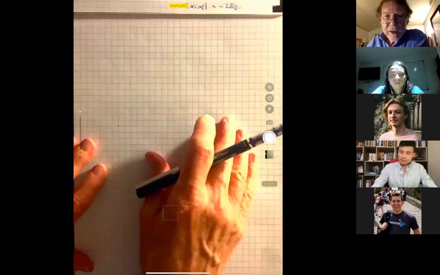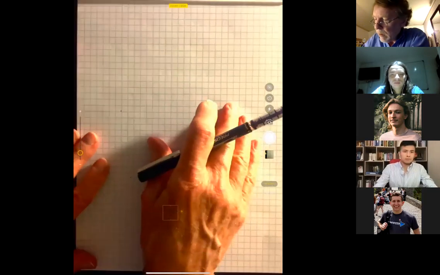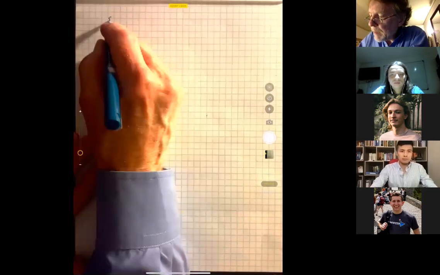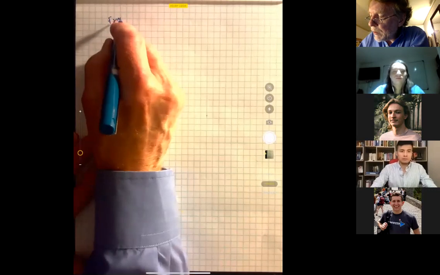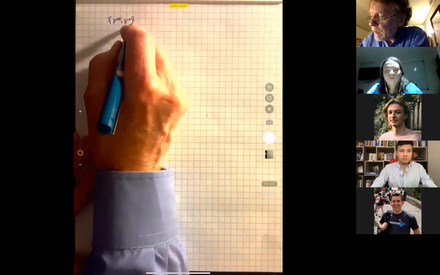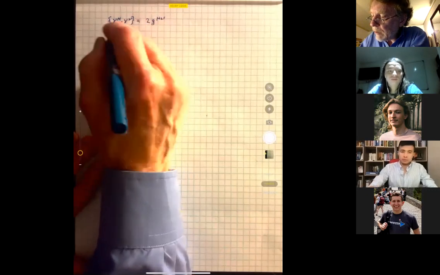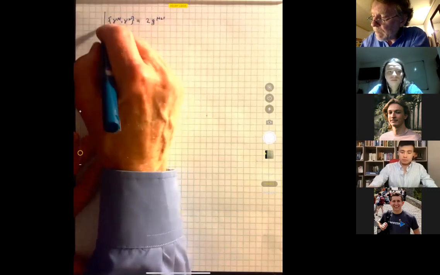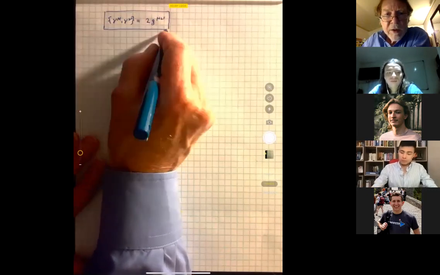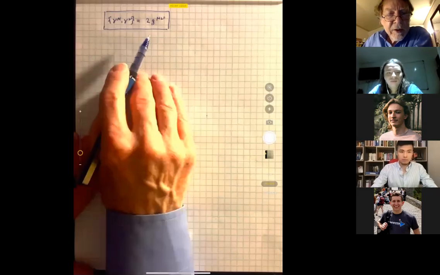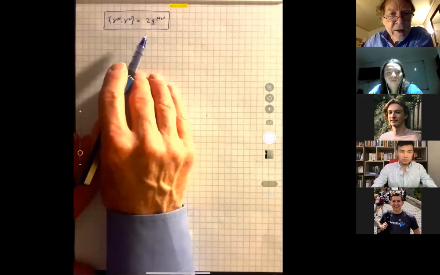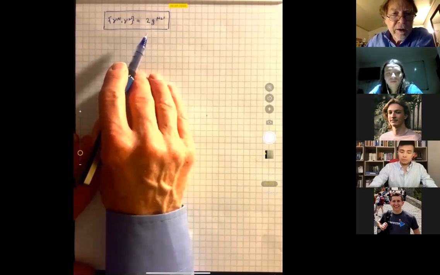This can be summarized in a neat formula, which is that the anti-commutator of gamma mu with gamma nu is equal to twice g mu nu, the contravariant metric tensor. So this is the anti-commutation relations. It's an expression of the Dirac algebra written in terms of the gamma matrices, which is more compact and which looks covariant.